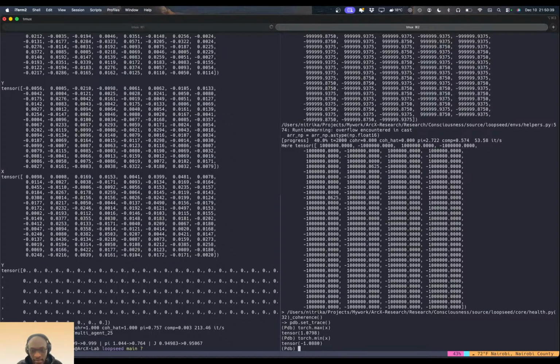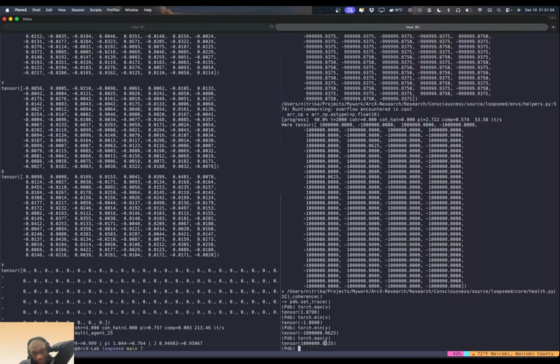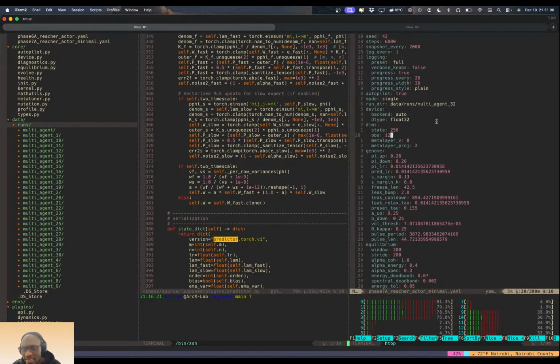The minimum is -1, maximum is 1. X is the current sensation of the model. And this is quite big: 1.1 million, -1 million is the max. It has gone crazy. Reducing the learning rate just makes it worse.